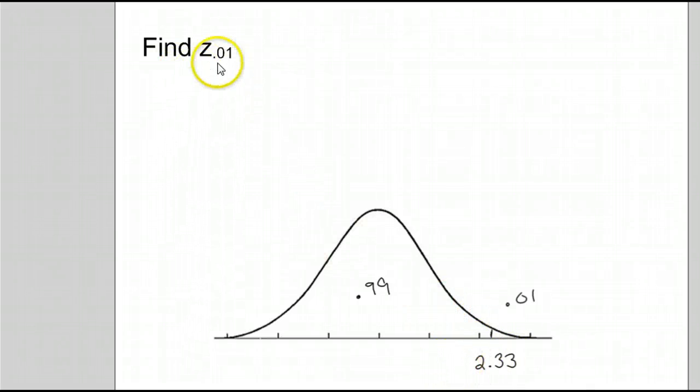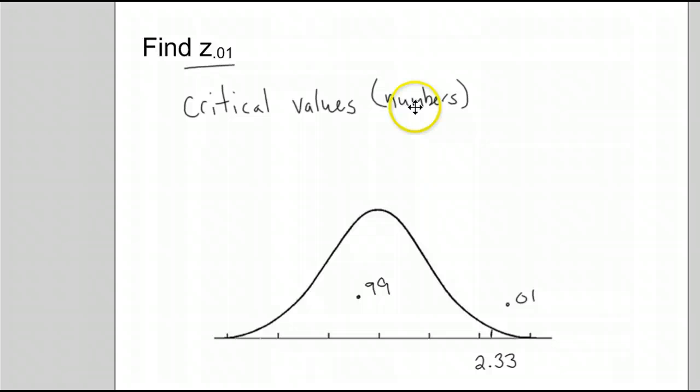Now these things right here are called critical values. Some books refer to them as critical numbers. That's more of a calculus term, so I call them critical values. But they are going to be critical to what we're going to be doing in chapters 6, 7, and 8.